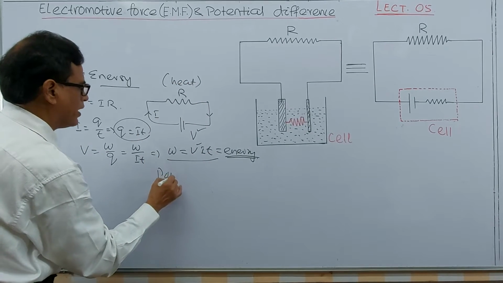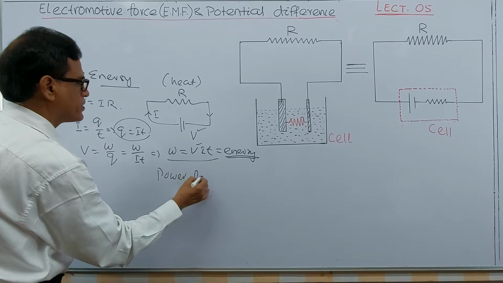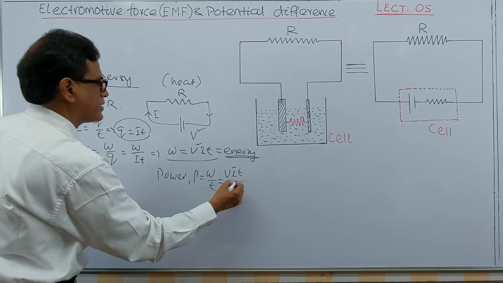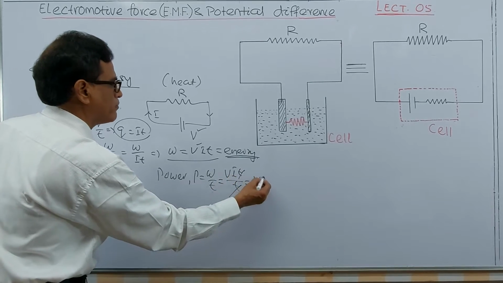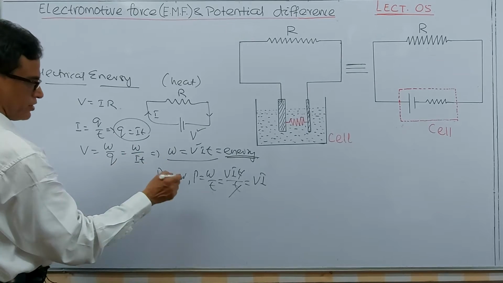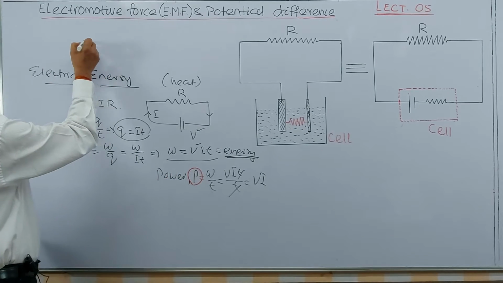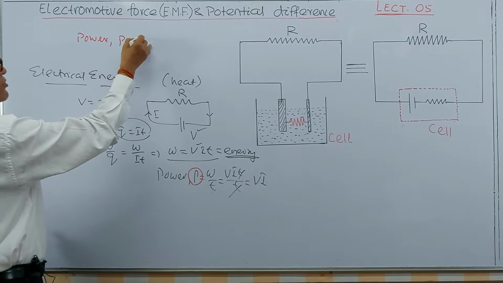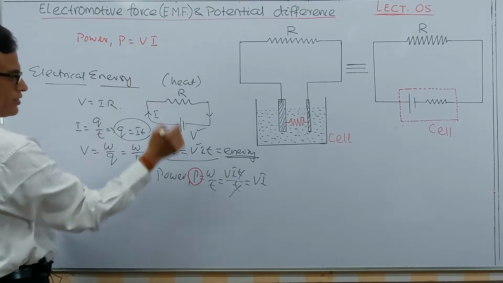So power P equals W by T, VIT by T, T cancels out, VI. That's why in this chapter, remember, this is electric power. I think you have read this in school, still you should know it here.